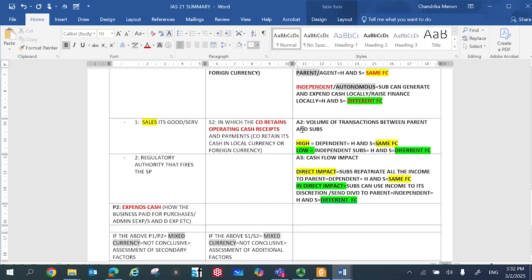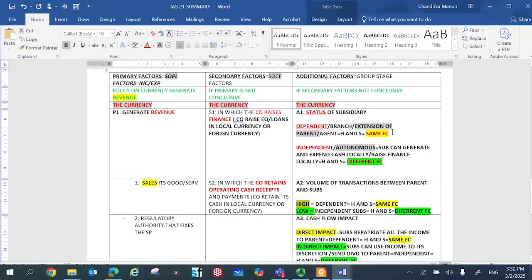If every transaction is between parent and subsidiary, what type of subsidiary is it? Extension means what? What is the conclusion? That is what I want you to tell. Not just tell me dependent, independent. No use. You must write your conclusion. That means if it is dependent, both will have the same functional currency.